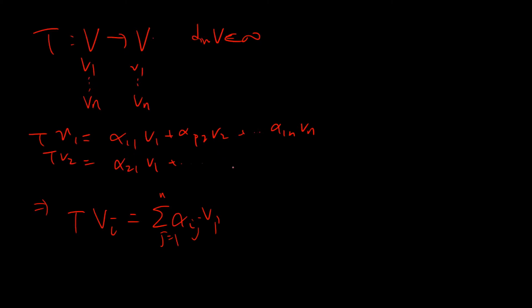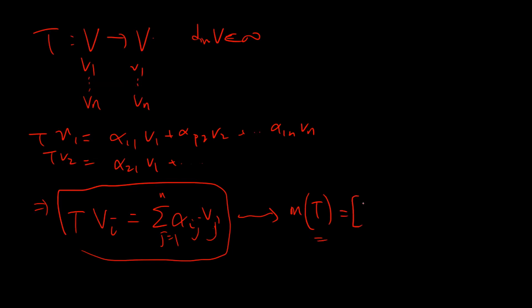Okay, so this is the definition. Then I can define a matrix representation of T, sometimes written as bracket T, as the matrix with entries alpha 1 1, alpha 1 2, alpha 1 n, and so on. Okay, so this is just the definition.